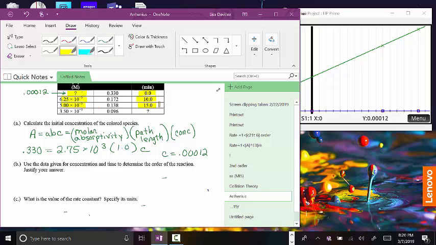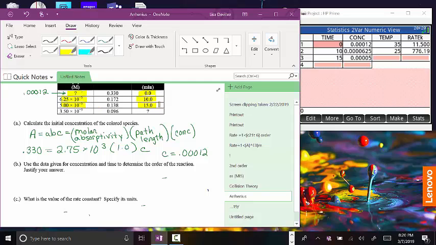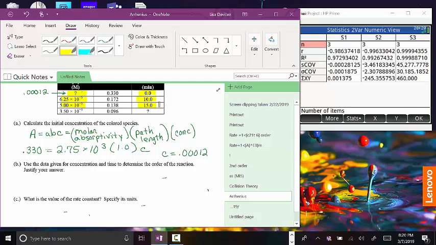And now I'm going to go to the number view and stats. Look at R squared values. Looking at those, our second order R squared value is 0.999.